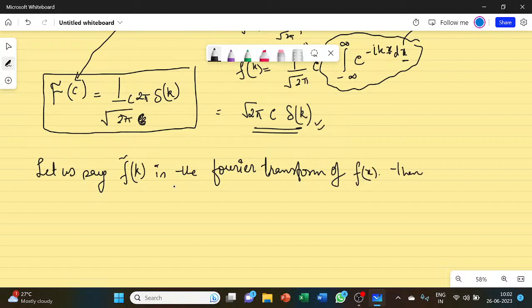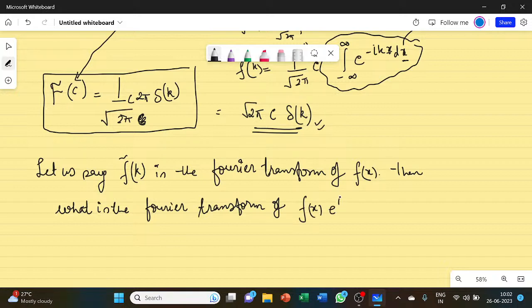Then what is the Fourier transform of f of x into e to the power iota k naught x?